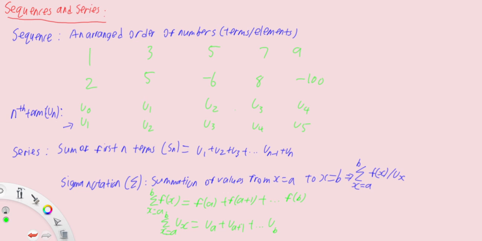So this is the sigma notation, and as you can see, it also ties into your series. From here you can write the series of n terms as the summation from n equals 1 to 20 of un. So there we have it, the introduction of sequences and series.